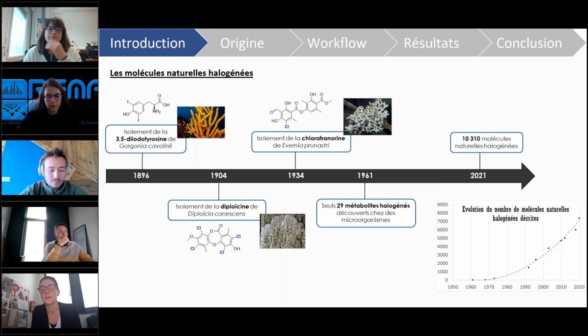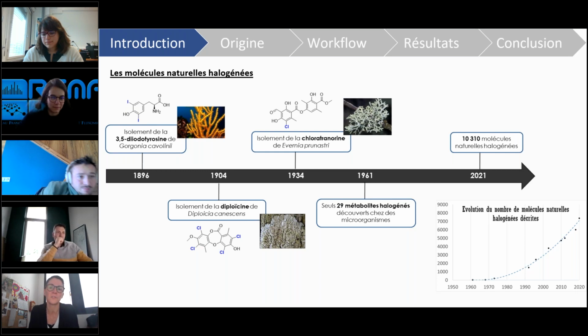In 1961, only 29 metabolites from microorganisms had been discovered with halogens in their structure. Up to recently, we have more than 10,000 molecules with halogens in their structure that have been described. So this is a field which is really increasing. We find more and more compounds of this type.